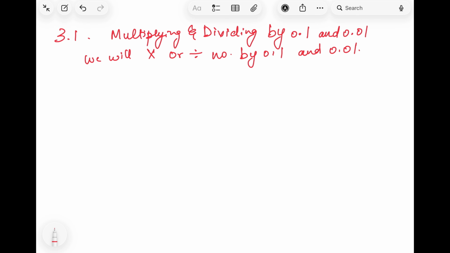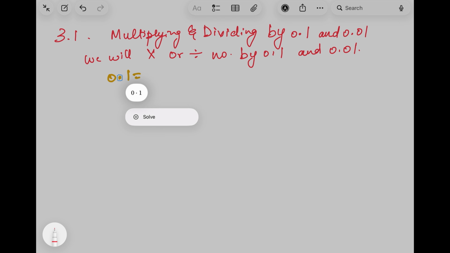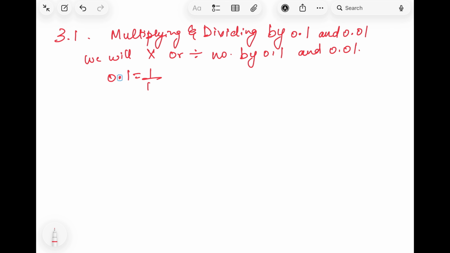Now, 0.1. What is the place value of 0.1 in fraction? It is 1 by 10, and 0.01 in fraction is 1 upon 100. So 0.1 is actually 1 divided by 10 and 0.01 is 1 divided by 100.